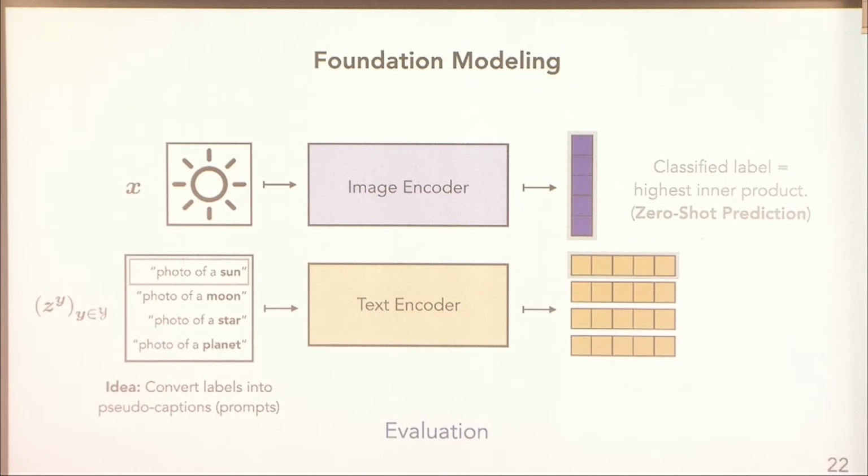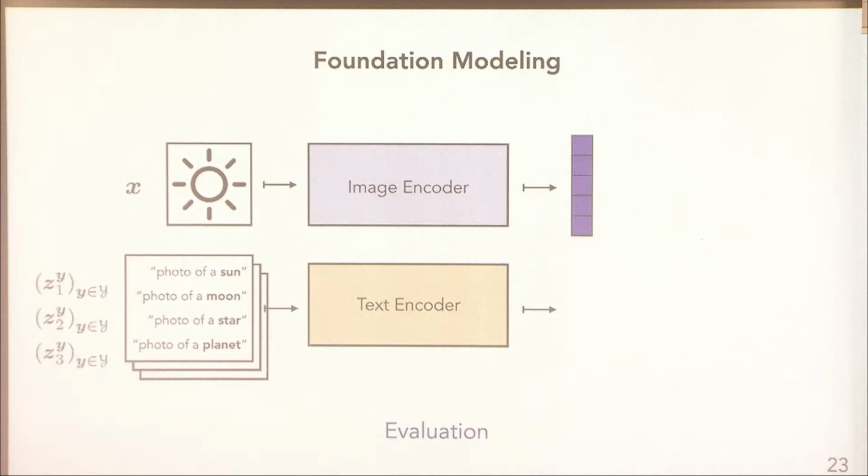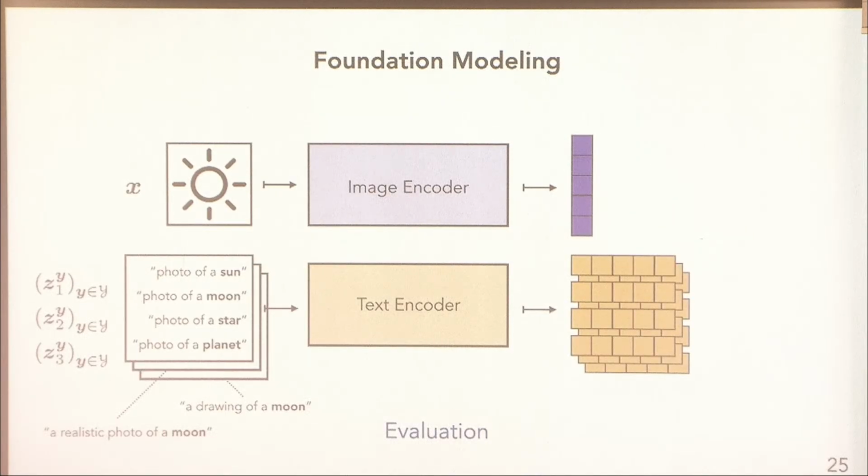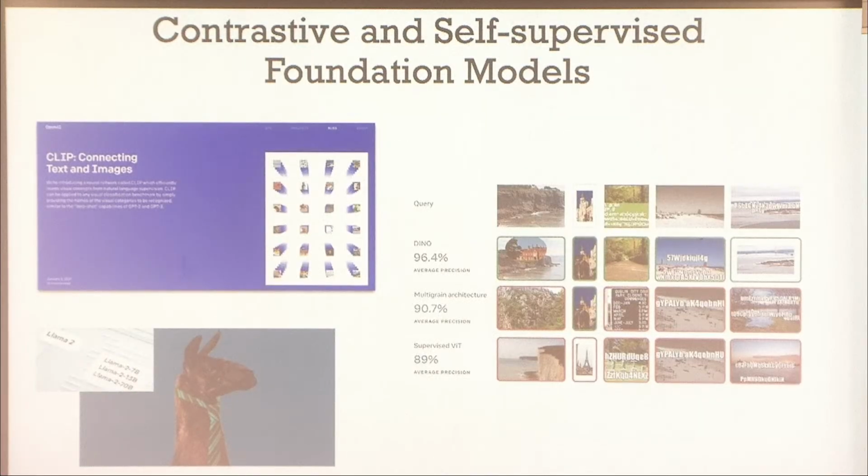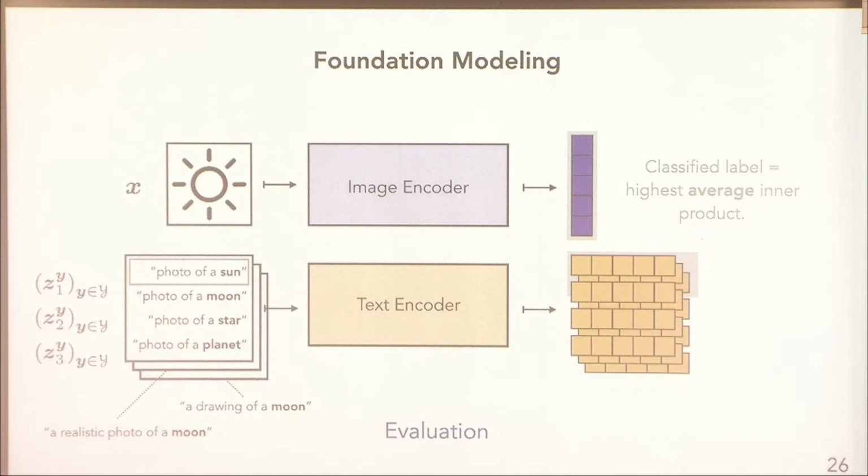So in order to predict on a particular task that somewhat relates to those pseudo-captions or prompts, we simply take the highest inner product between those vector representations. And so this decision rule seems really primitive, right?